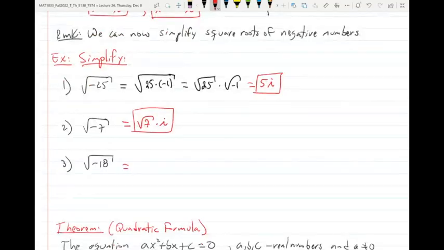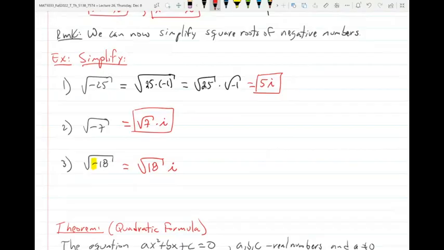Let's see. Number 3. The first step is that I see that there is a negative. That means I'm going to have an imaginary number as a result. So this negative is going to produce an i outside. So immediately write this down. That's because of the negative, because that's the square root of negative 1. But now our job is to simplify this.